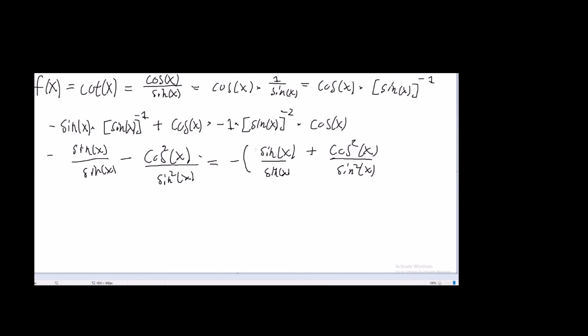Now let's multiply both sides of this fractions by sine of x to write all of this as a single fraction.